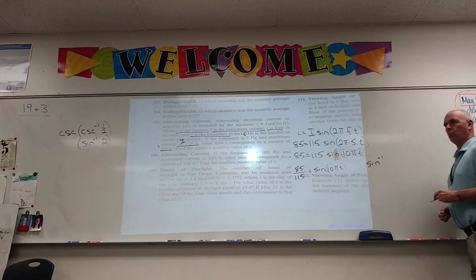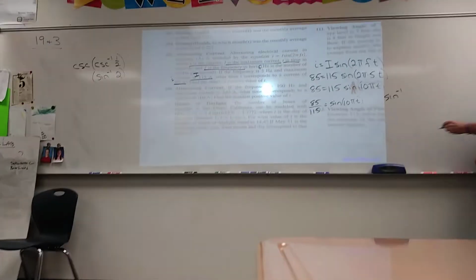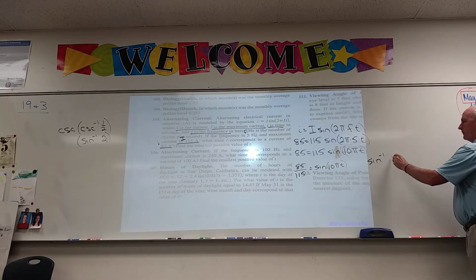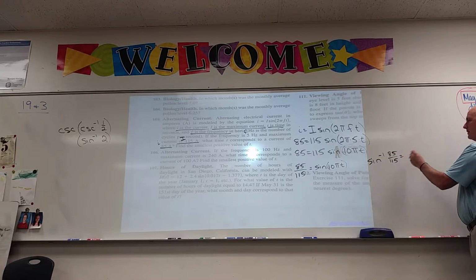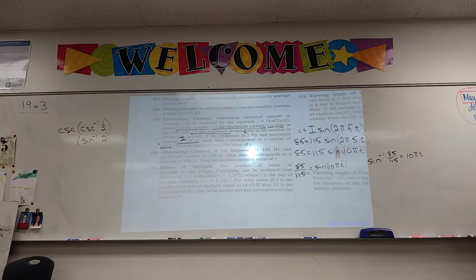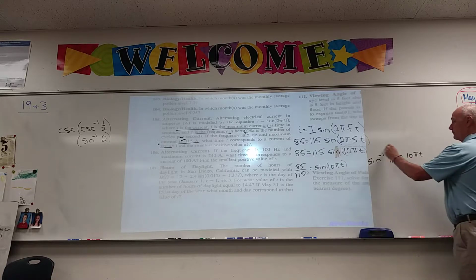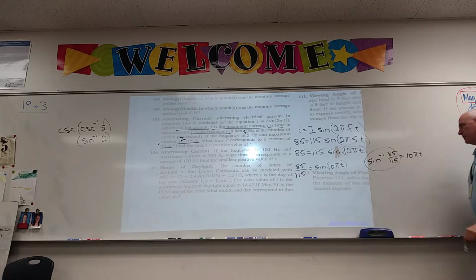When we're asking ourselves what angle, that's what we're doing. So the inverse sine of 85 over 115 equals 10 pi t. Write that into your calculator, right? Inverse sine of 85 over 115.